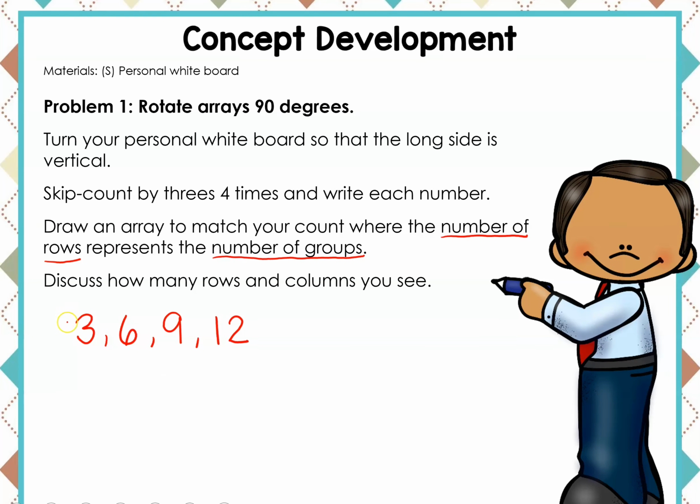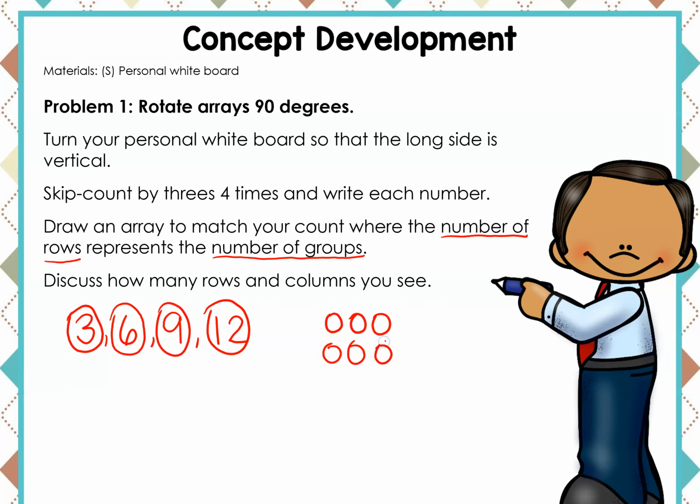Let's go back here. So I have 3 in each group, and I have 4 groups total, or rows. So I'm going to start by drawing 1 row of 3, 2 rows of 3, 3 rows of 3, and 4 rows of 3.